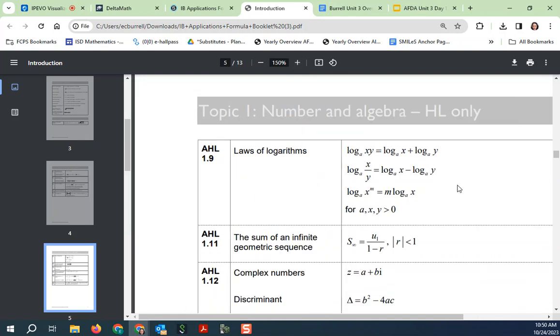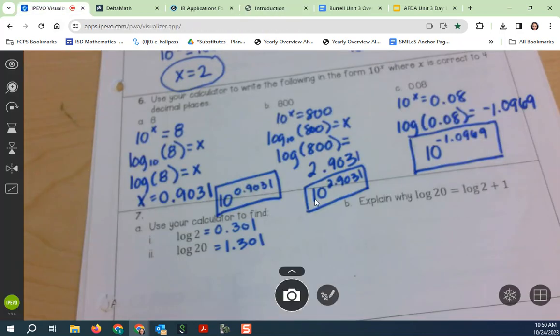Looking at these and comparing it to part B, which one do you think we might be applying? The first one, the second one, or the third one? Notice I have addition between these two.